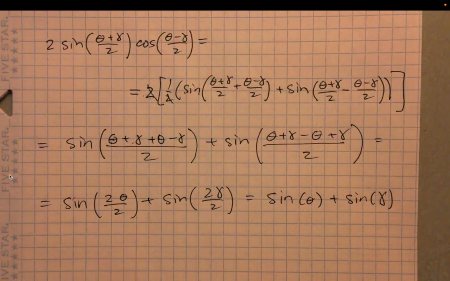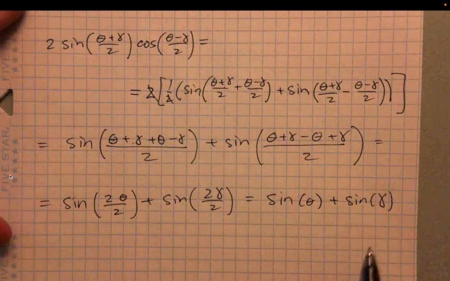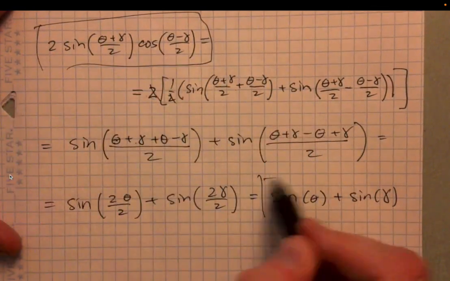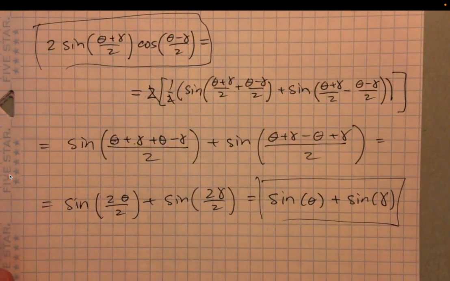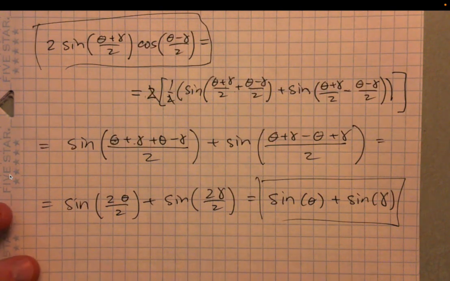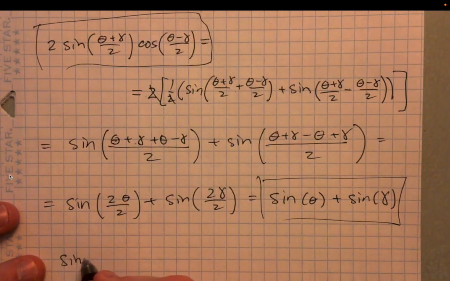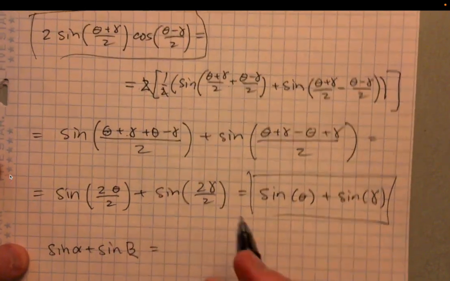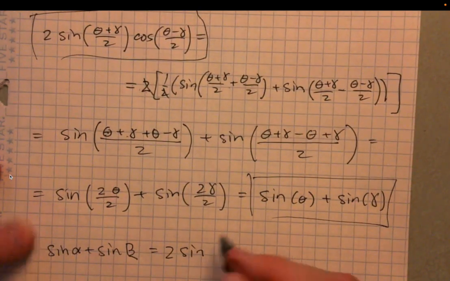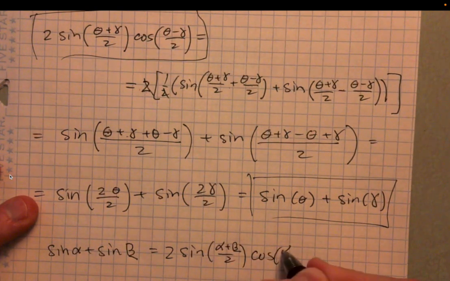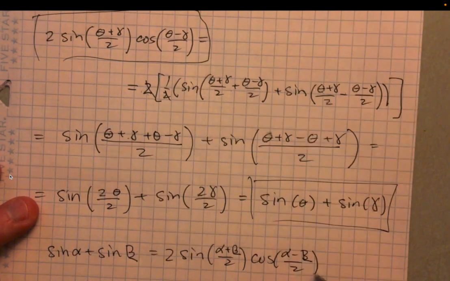All right, and so that's the entire expression. I start with this, and I derive it, I end up with this. And so that is actually the formula. So instead of thetas and gammas, let's plug in alphas and betas now. Sine of alpha plus sine of beta is equal to 2 times the sine of alpha plus beta over 2 cosine of alpha minus beta over 2.